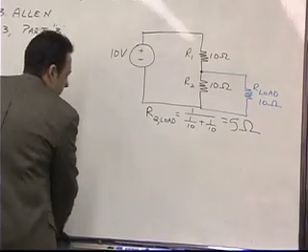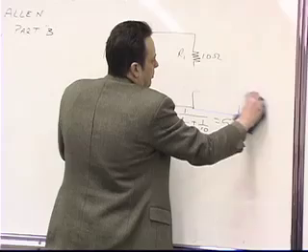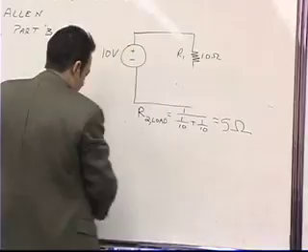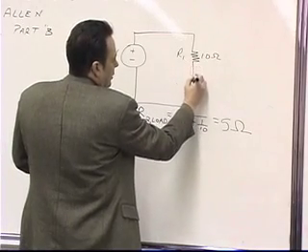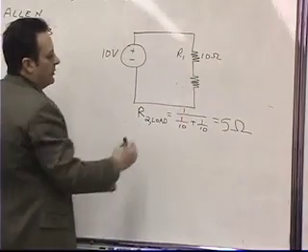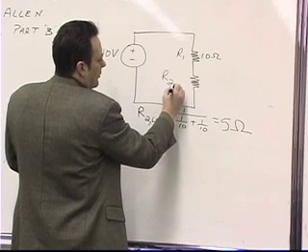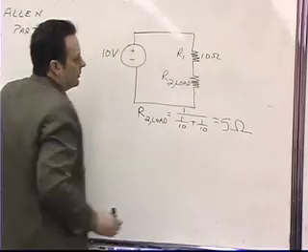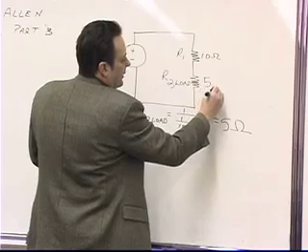So in other words, I can erase both of these resistors and replace them with one resistor. Now that one resistor is actually the combination of R2, load, but its value is 5 ohms.